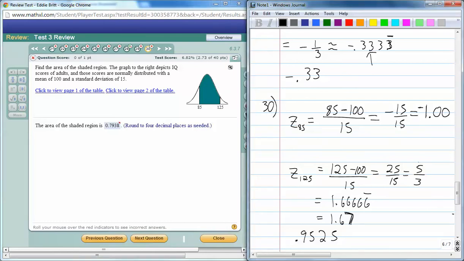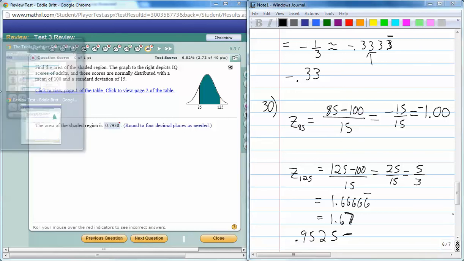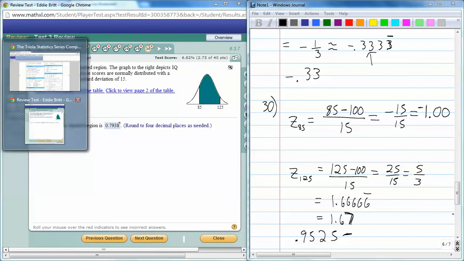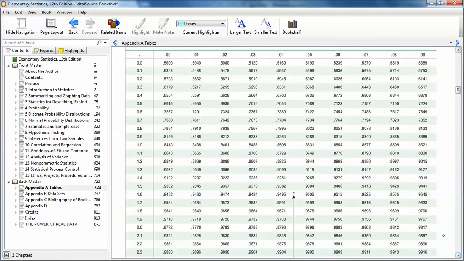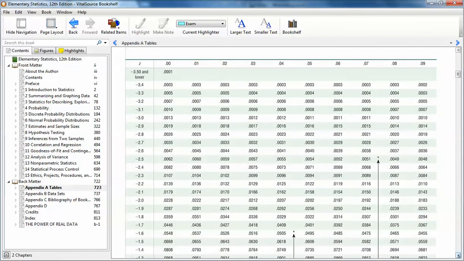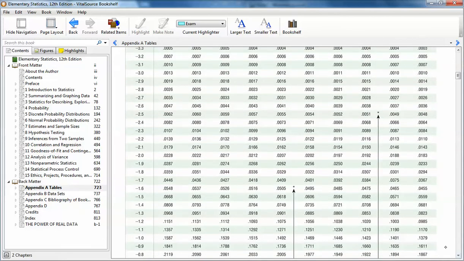Alright, so that's minus I'll find the area for 85. We found a z-score of negative 1.00. Let's go back to our tables. Look at the negative chart. Negative 1.0, and this is a 0 column. So that's 0.1587.